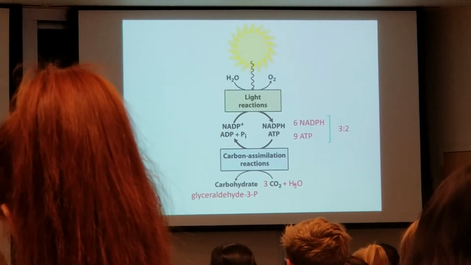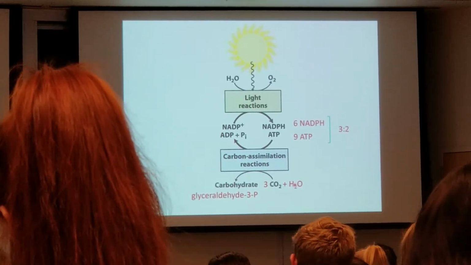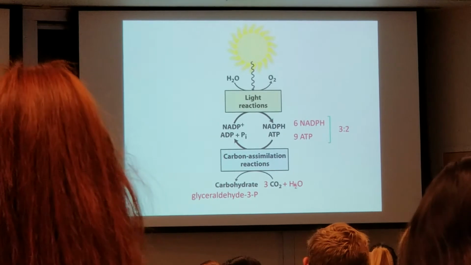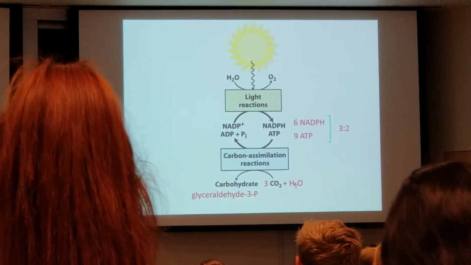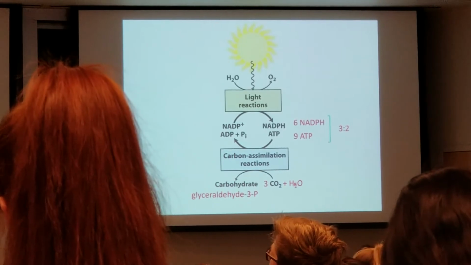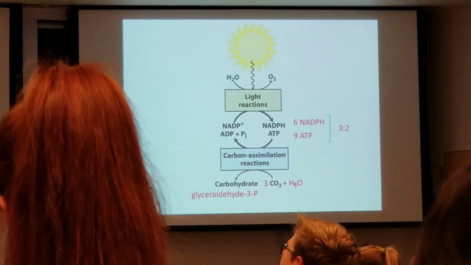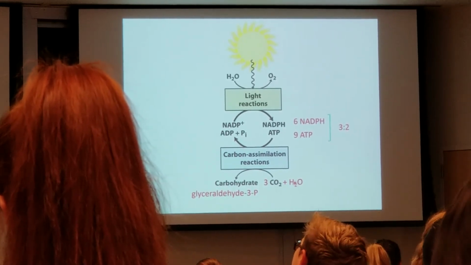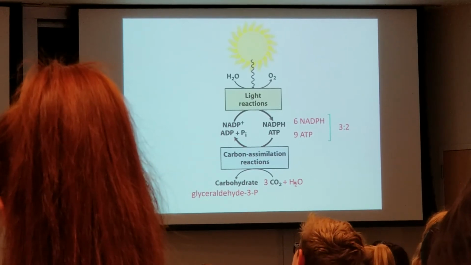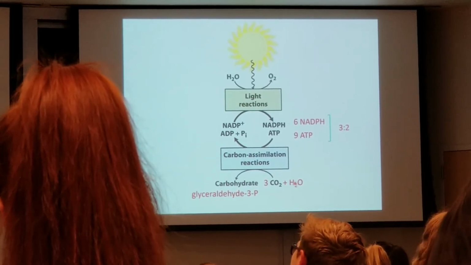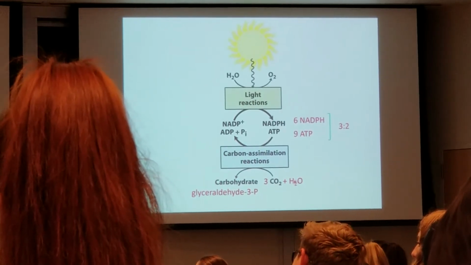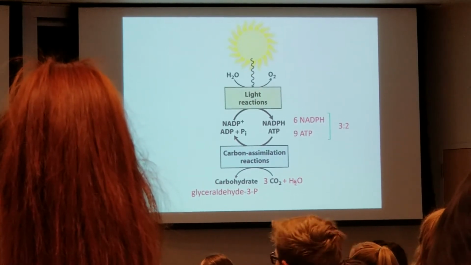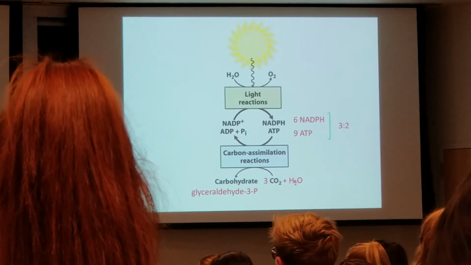So I need you to learn that the photosystems, remember there's 2 photosystems, PS1, PS2, they make this NADPH and ATP in this particular ratio, 3 ATP for every 2 NADPHs.